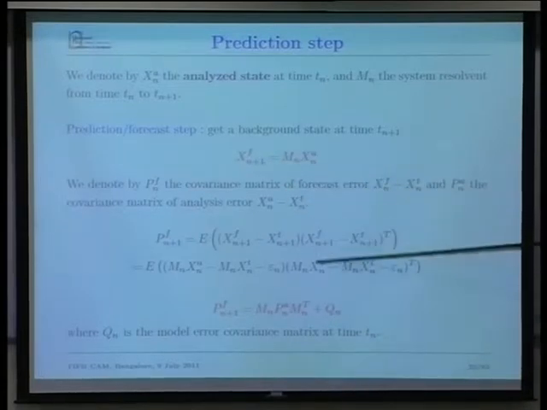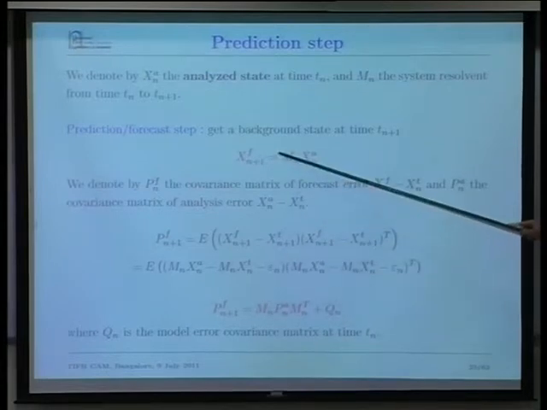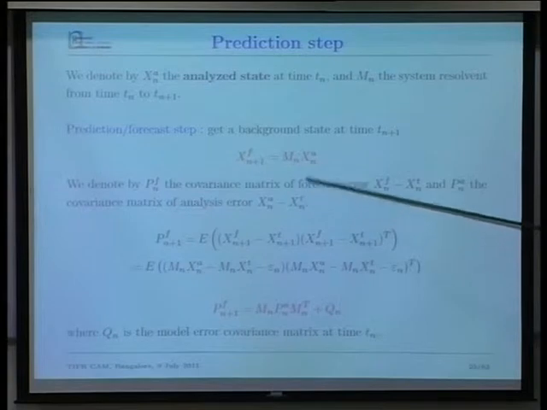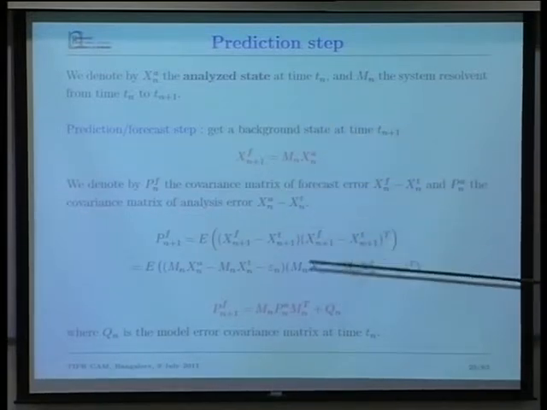You also need to compute the covariance matrix for the forecast error, which is the covariance matrix of the difference between the forecast and the true state. And you assume that you know the covariance error of the analysis state.